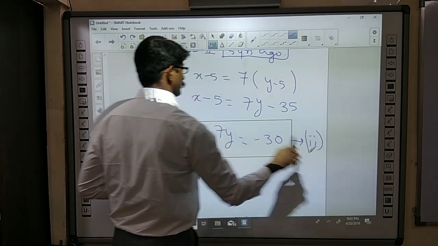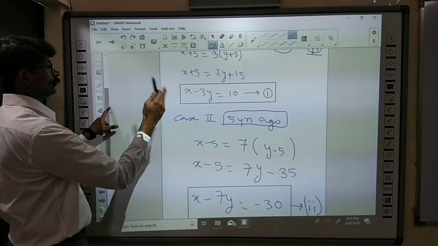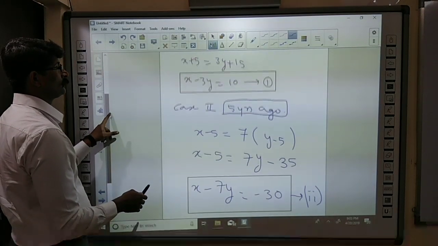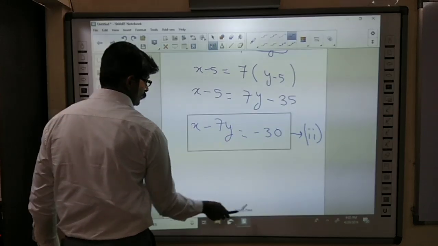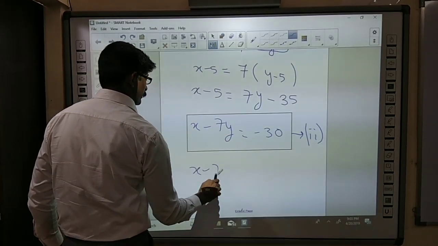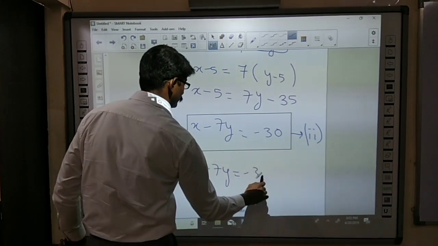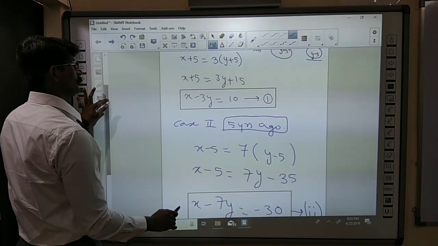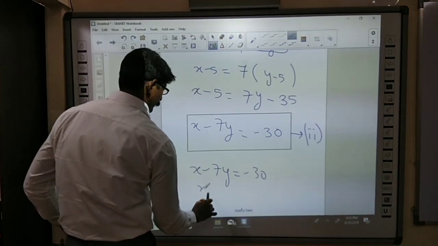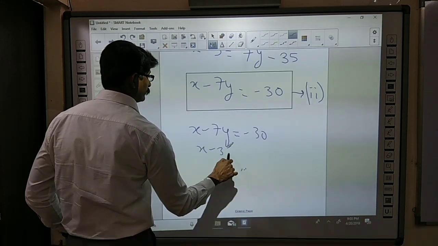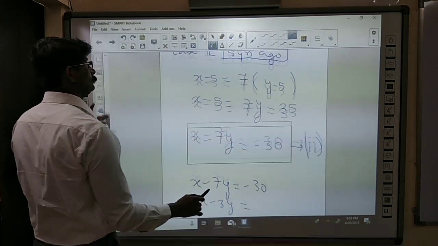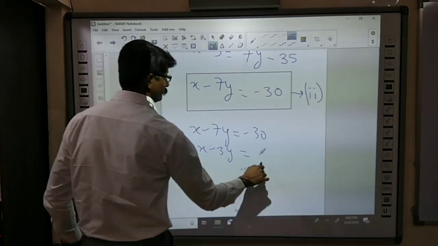Now solve equation 1 and equation 2 simultaneously: x minus 7y is equal to minus 30 and x minus 3y is equal to 10.